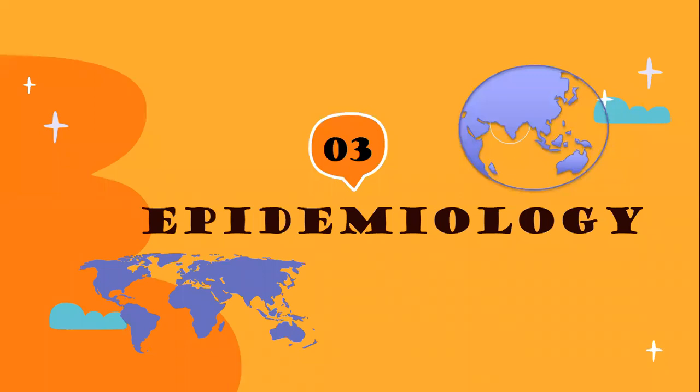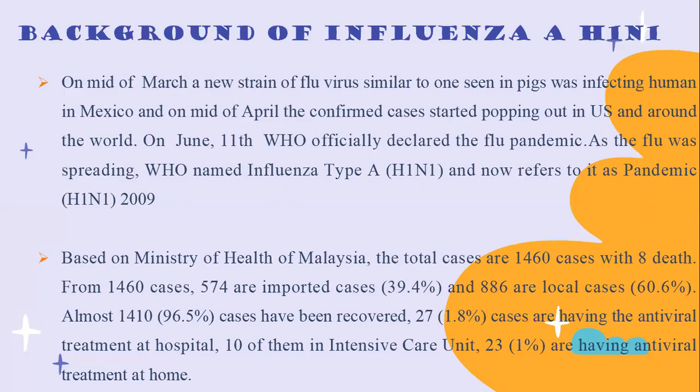So the epidemiology of influenza A H1N1 is: in the middle of March, a new strain of flu virus similar to one seen in pigs was infecting humans in Mexico. In the middle of April, confirmed cases started popping up in the US and around the world. On June 11th, the World Health Organization officially declared the flu pandemic.